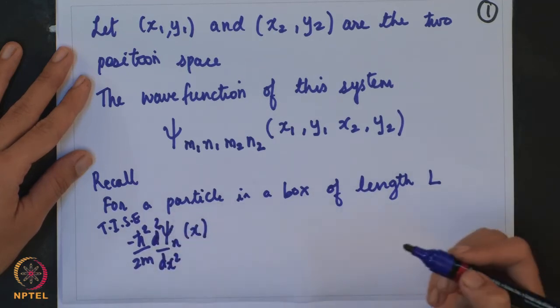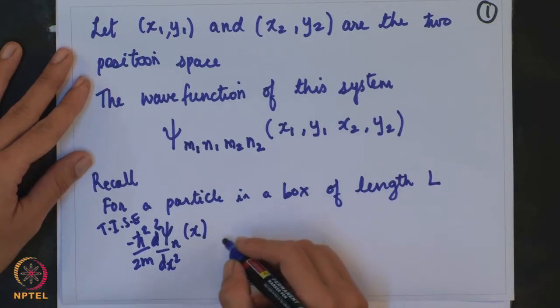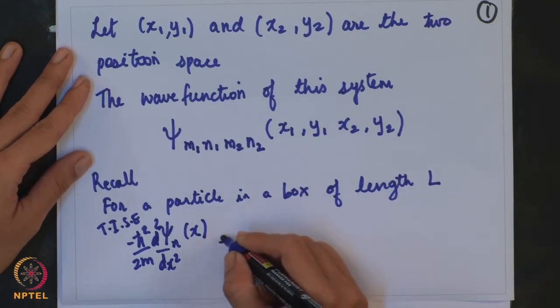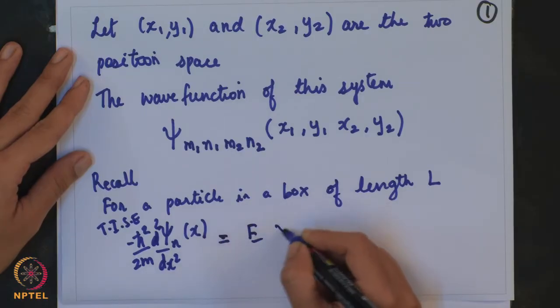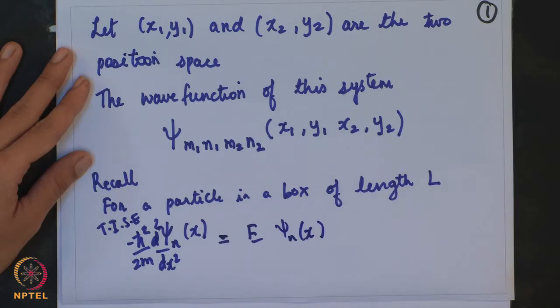This is the kinetic energy operator, plus the potential, which for a free particle is just zero.